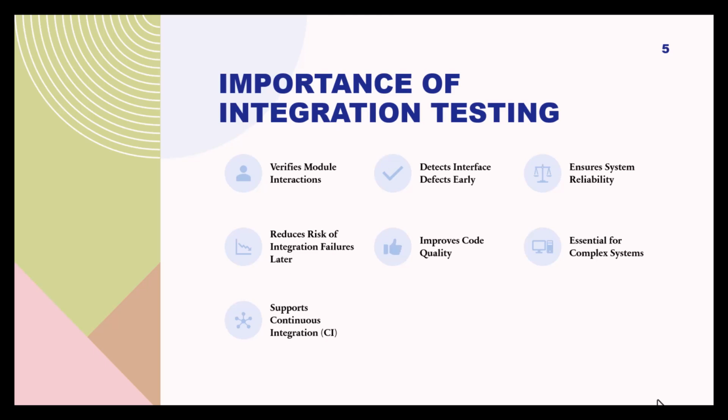So it validates the communication between the modules and ensures that the right data is passed from one module to the other. One example: suppose we are ordering something, the order service sends a valid payment payload to a payment gateway. That is also a very important thing.